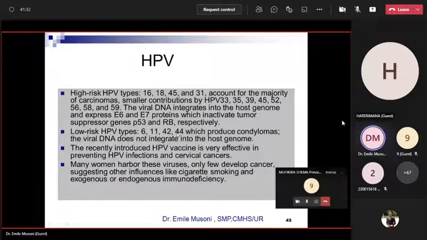Low risk, you will find condyloma and the others. In the high risk, like 16, 18, 45, and 31, they contribute to carcinoma. They say the viral DNA integrates into the host genome and expresses E6 and E7 proteins. This one, you will see in your molecular biology.